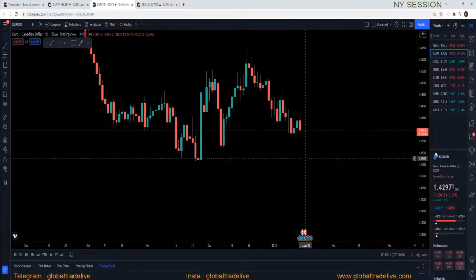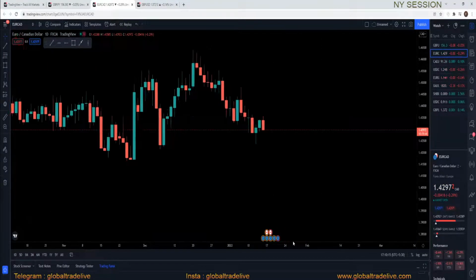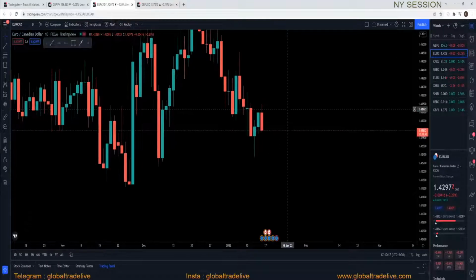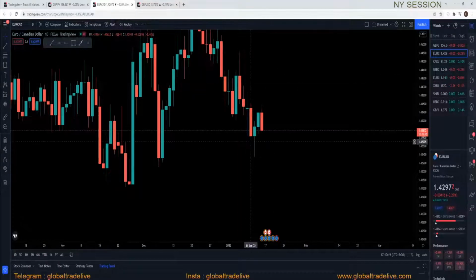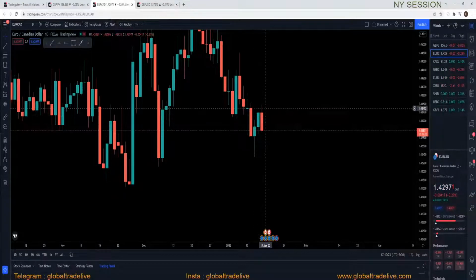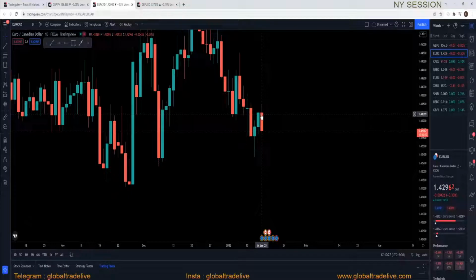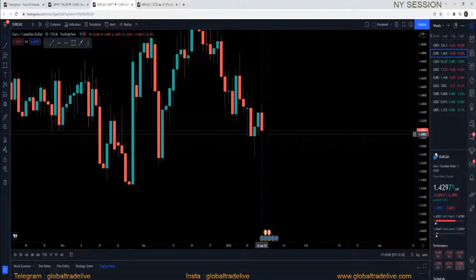Now, in the daily, the market structure is also bearish. The market came down, created a rejection area, and went up. The current daily candle went up, broke the highs of the previous candle, and reversed back. Now it's heading towards the lower low of yesterday's candle.